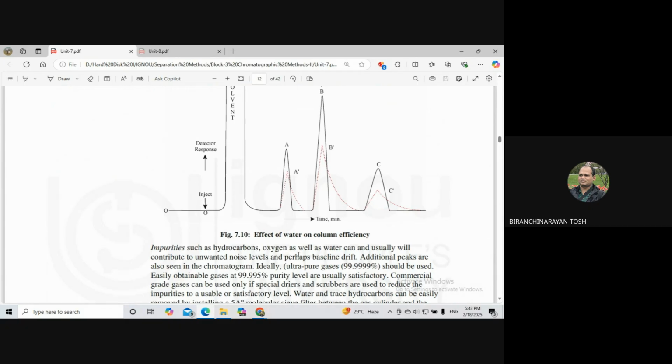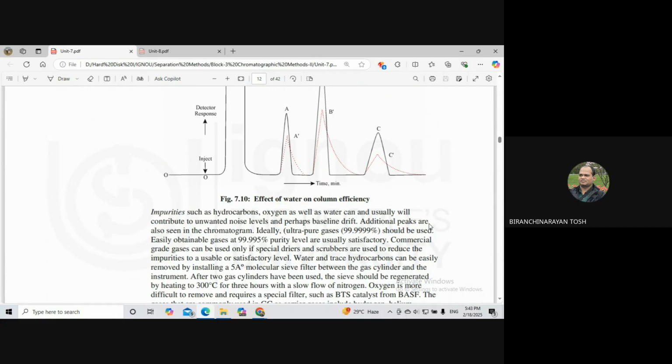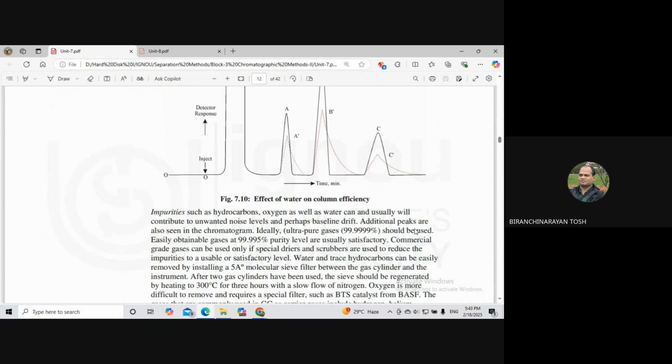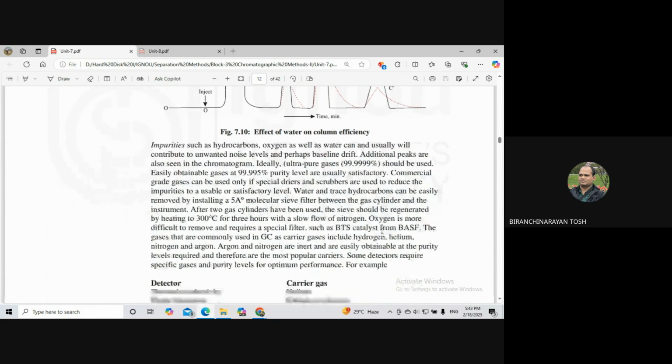So the gas should be free from all these impurities. Therefore, additional peaks are also seen in the chromatography. You can see here some other peaks are also there. Effect of water on column efficiency. So therefore, the gas should be pure.